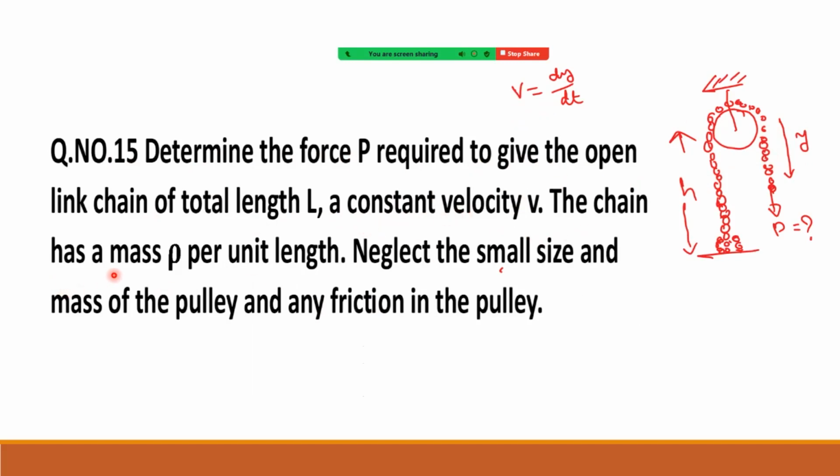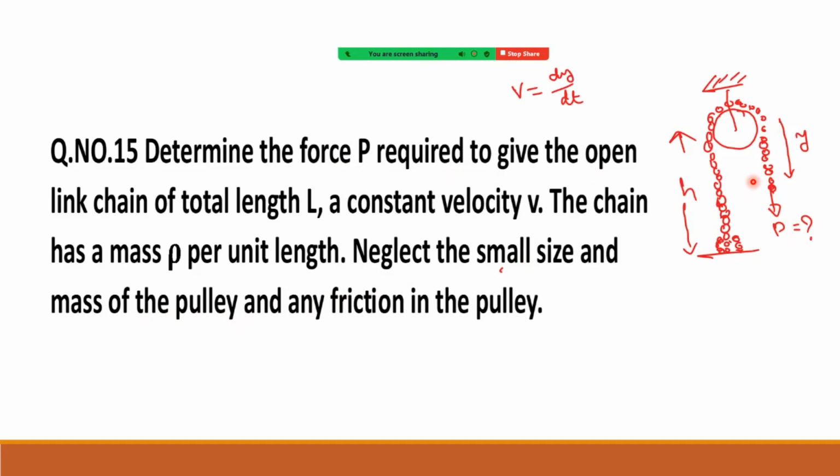The chain has a mass rho per unit length. Neglect the small size and mass of the pulley and any friction in the pulley. So we have to apply force P downwards to maintain the constant velocity required. The force P required to give the open link chain of length L.